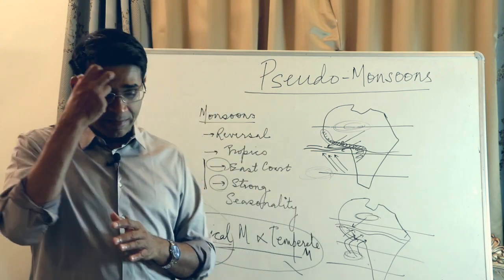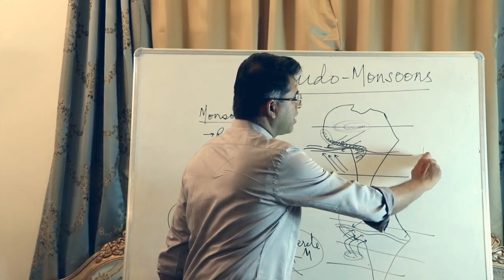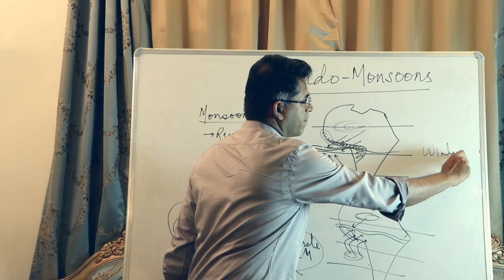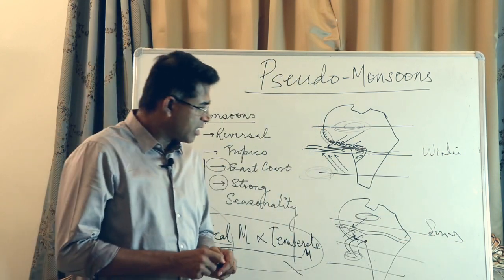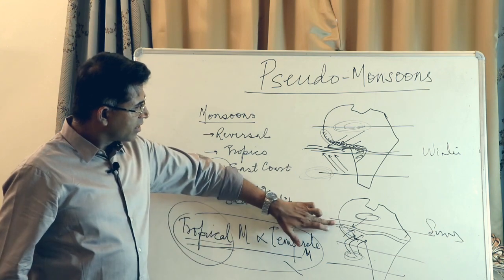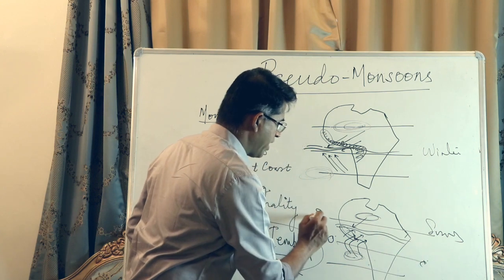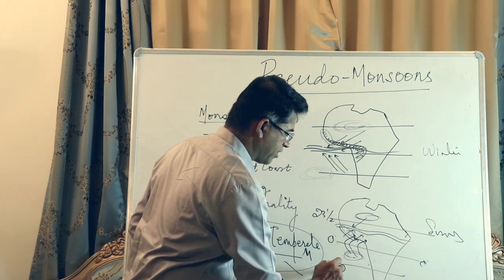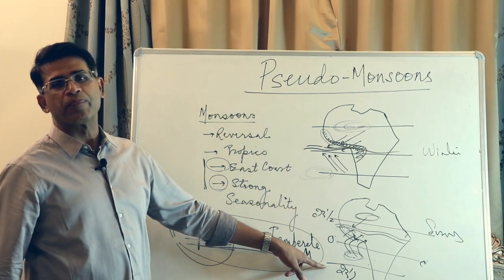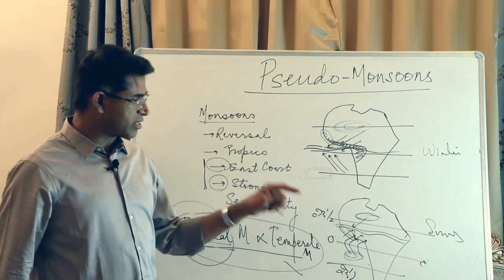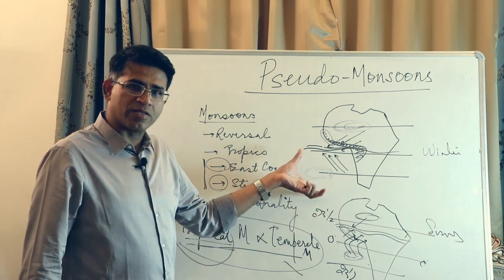What's the mechanism here? This is the winters and this is the summers. During the summers, the ITCZ, this is the equator, 0 degrees, 23 and a half, Tropic of Cancer, Tropic of Capricorn. In the summers of the northern hemisphere, the belts have all shifted northwards.